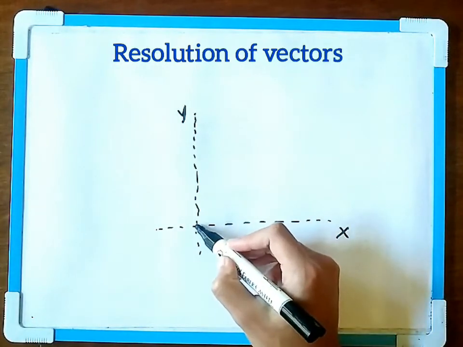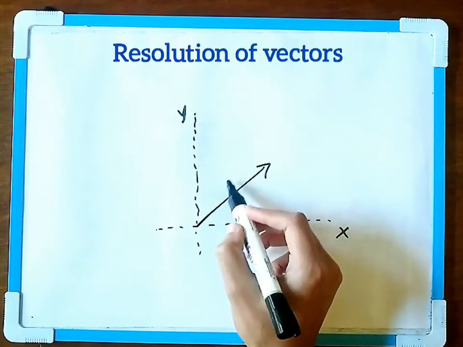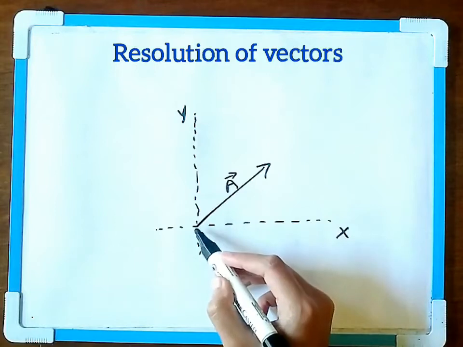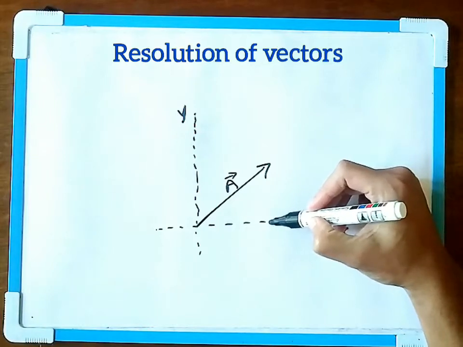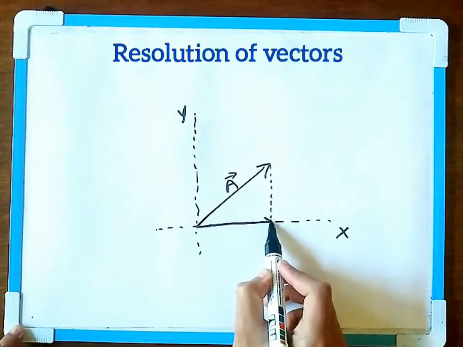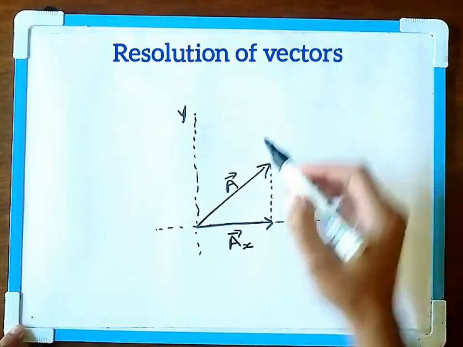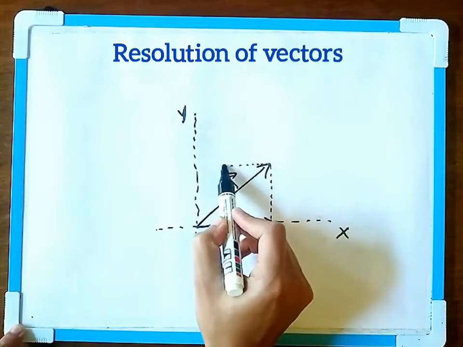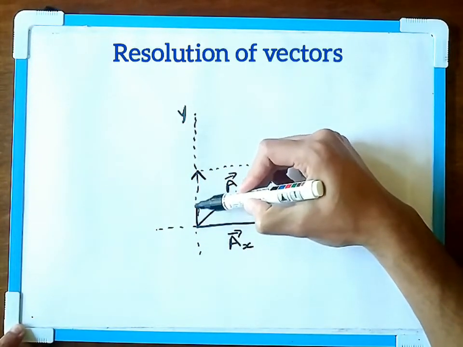Now any vector, say A. Now this vector is in this direction. Now this vector can be split into two parts. One is this vector which is along the x-axis. So I'll denote this as AX vector, and another one is this vector along the y-axis.